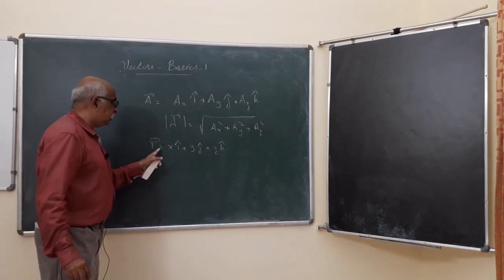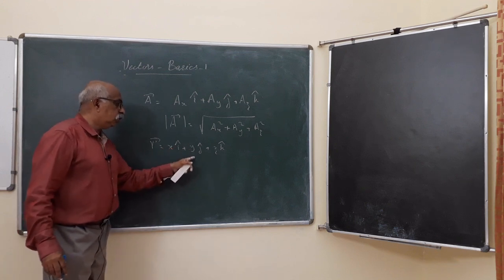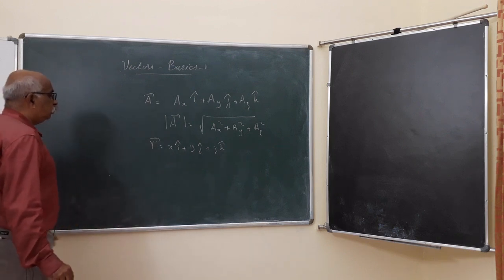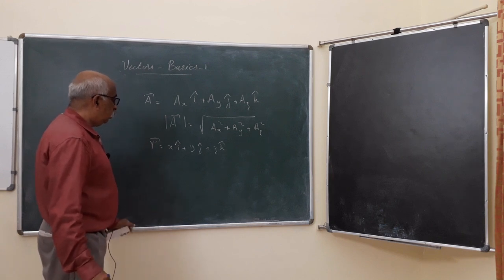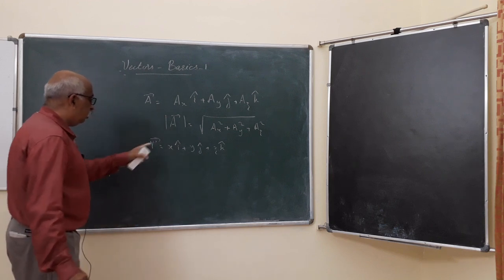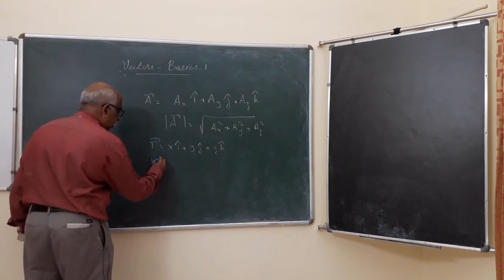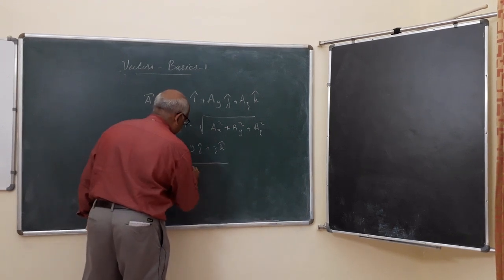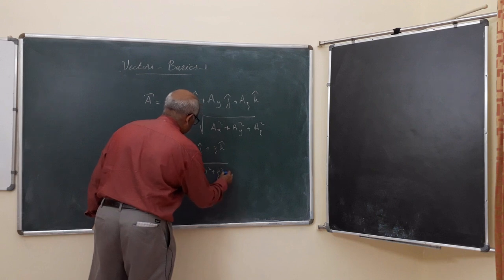For position vector, x, y, z are the x coordinate, y coordinate, and z coordinate of the point whose position is fixed by the position vector r. Now, what about the magnitude of this vector? Magnitude of this vector r is equal to square root of x square plus y square plus z square.